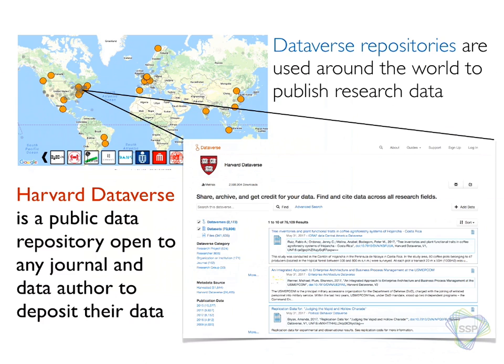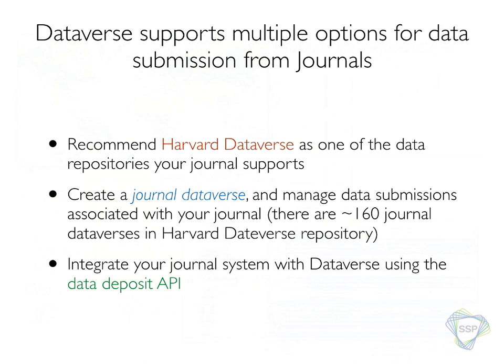So how does Dataverse support journals? There are different ways that the Dataverse repository, and in particular Harvard Dataverse, works with journals. One is that you could simply, as a publisher or journal, recommend Harvard Dataverse as one of the repositories, like Springer Nature and PLOS do, not only for Dataverse but also for Dryad, Figshare and others.